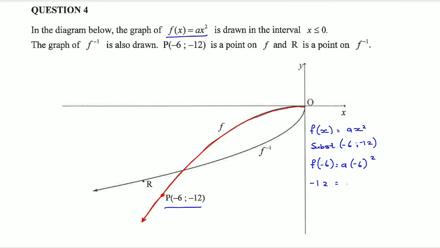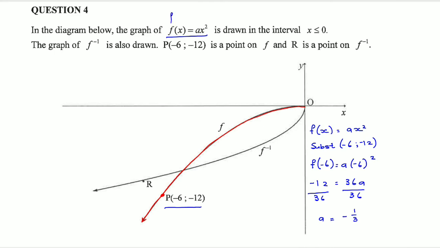So minus 12 is equal to 36a, since minus 6 squared is 36. And to find a, we divide both sides by 36. That gives us a is equal to minus 1 over 3.